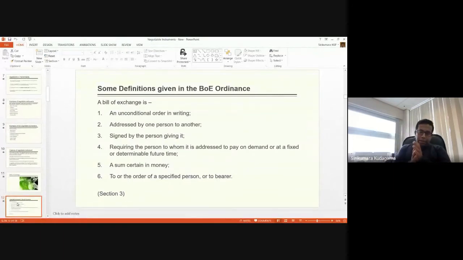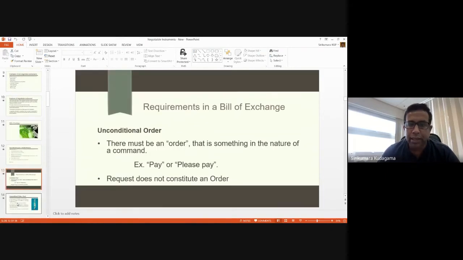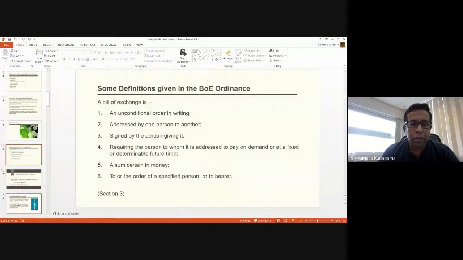explain these concepts. Now, this is the definition of a bill of exchange found in the Bills of Exchange Ordinance. You see that I have broken that into 6 different parts for ease of understanding. The bill of exchange is, what is it?